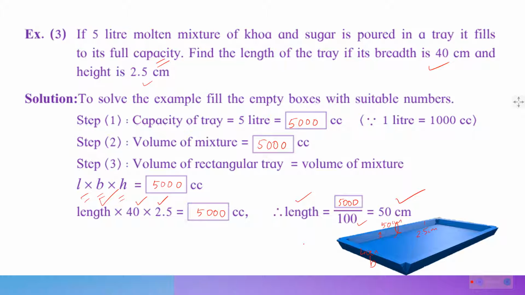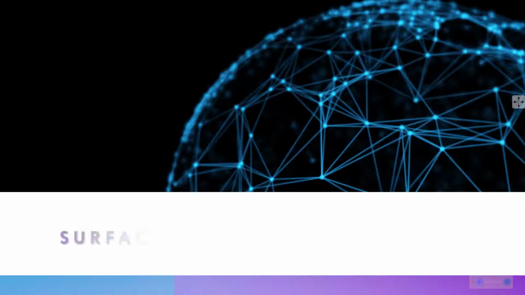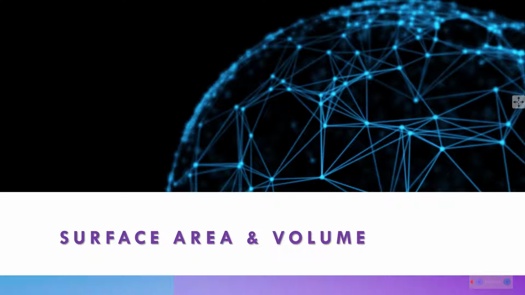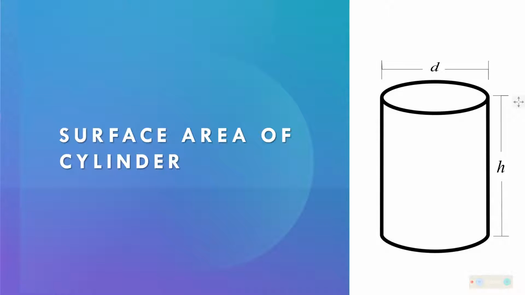So my dear students, I will not be doing any more sums related to cube and cuboid. You learned the formula to calculate the area and the volume, the total surface area and volume of cube and cuboid, and we will go further about the concept.